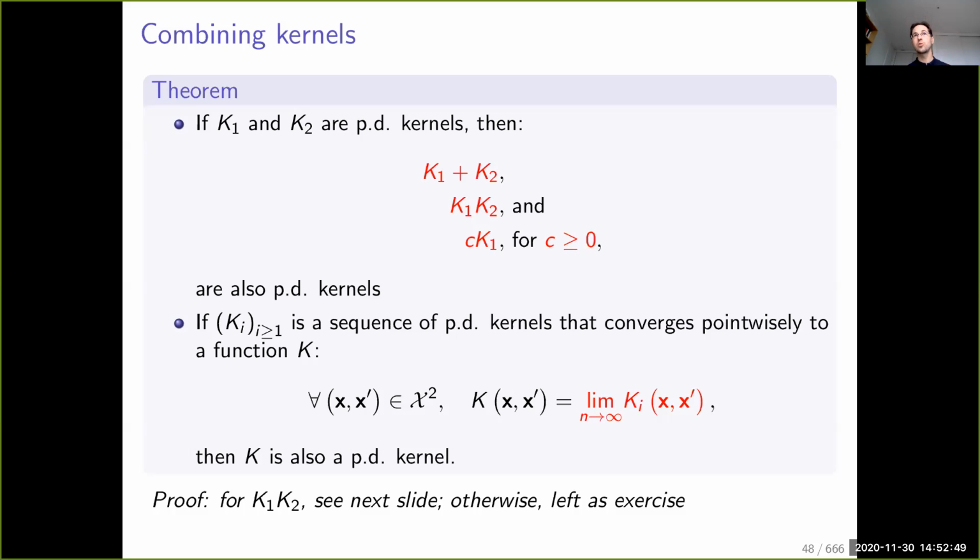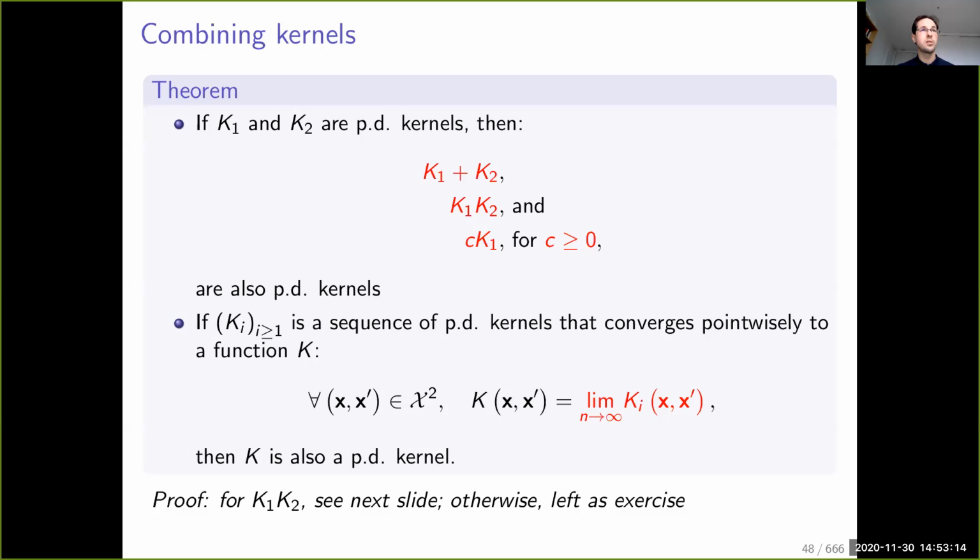We are talking about point-wise, element-wise multiplication, meaning that for two input data points x and y, the corresponding quantity will be k1 of x,y times k2 of x,y, which is not matrix multiplication. So we are going to see that it gives you a positive definite kernel.